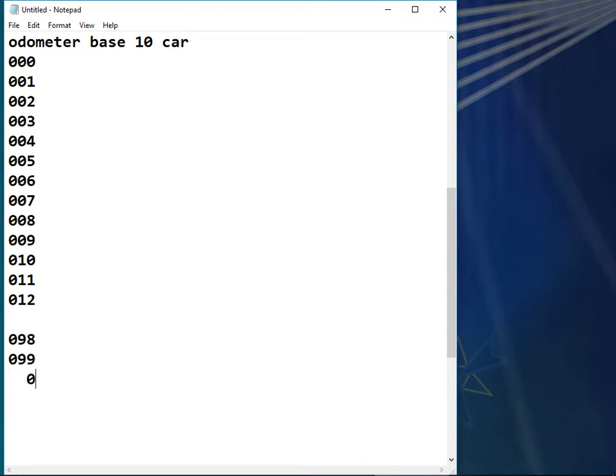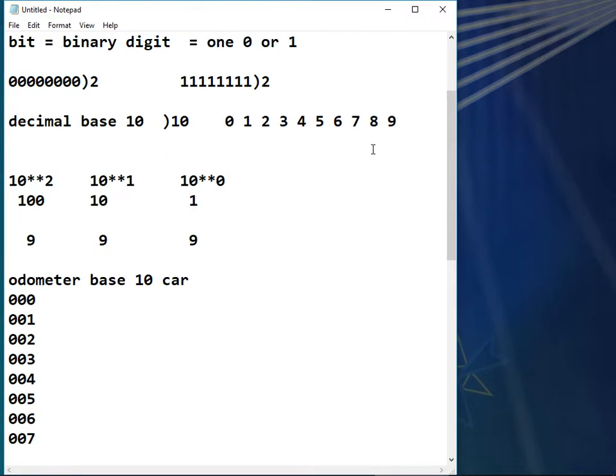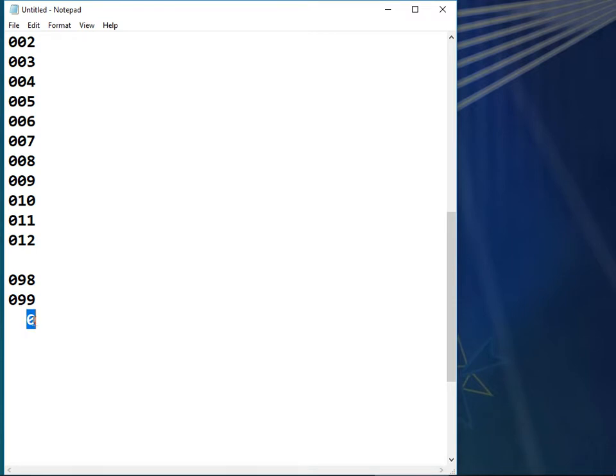So it goes back to the lowest digit, rolls back over from a 9 to a 0. So we increment the next place, the tens place. Well, it's maxed out too, so it rolls back around to a 0. And then this place increases by 1. Right? And so the 10 to the power of 2's place. So we went from 99 to 100.